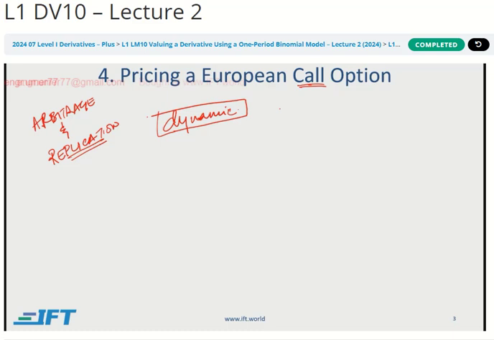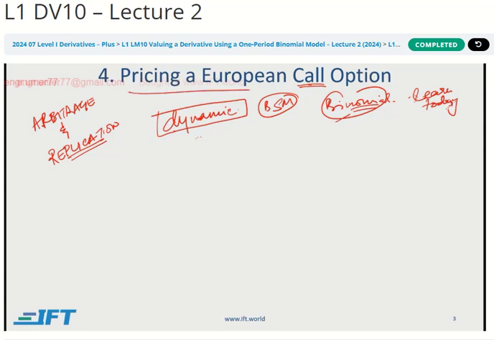And practically speaking, it is done through the Black-Scholes-Merton model, but it can also be done through the binomial model, which is a simpler version of doing it. And this is something we are going to learn today: how do you use the binomial model to do the arbitrage and replication and use that to price a European call option.